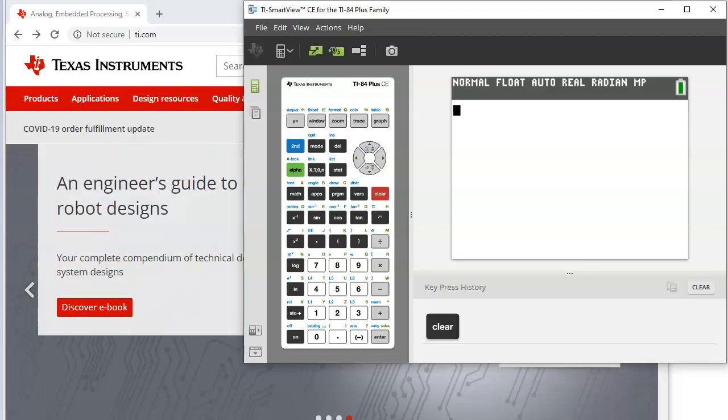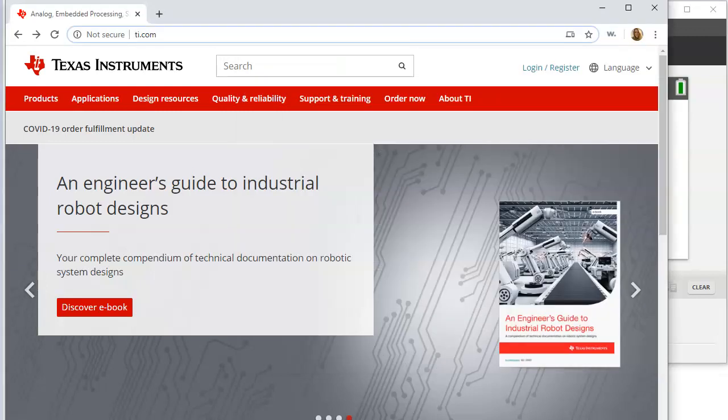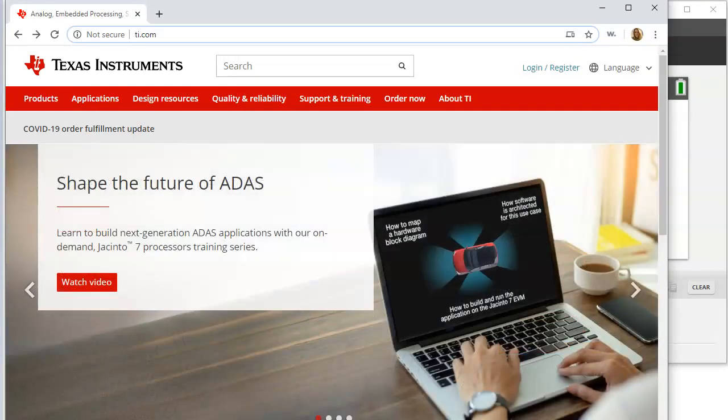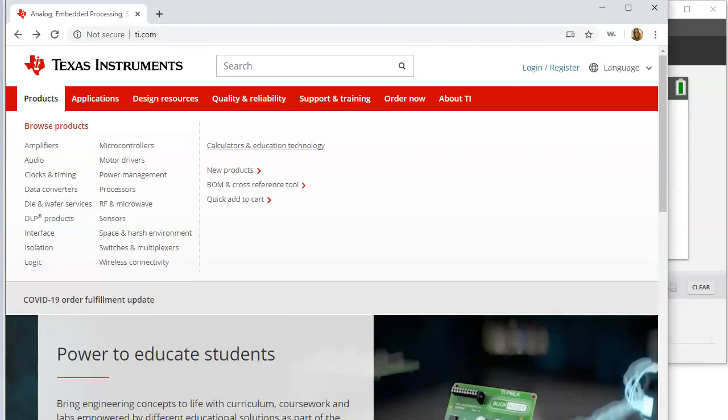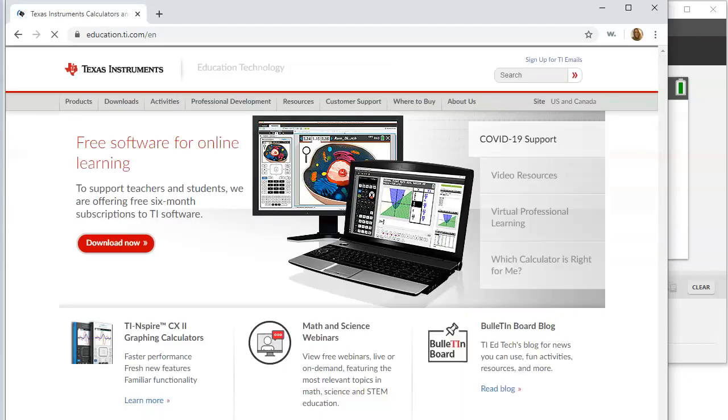But I want you to take a look at this process here because the TI company, Texas Instruments, TI.com, which is where I want you to go, they are offering something a little bit unusual here because of the times that we're in right now. If you go to TI.com and then you click on Products, one of the links is to Calculators and Education Technology.